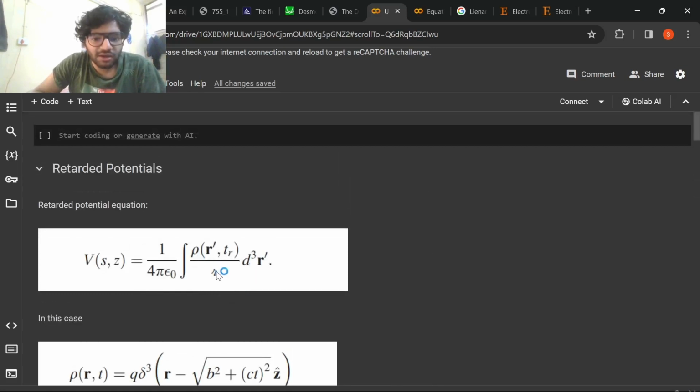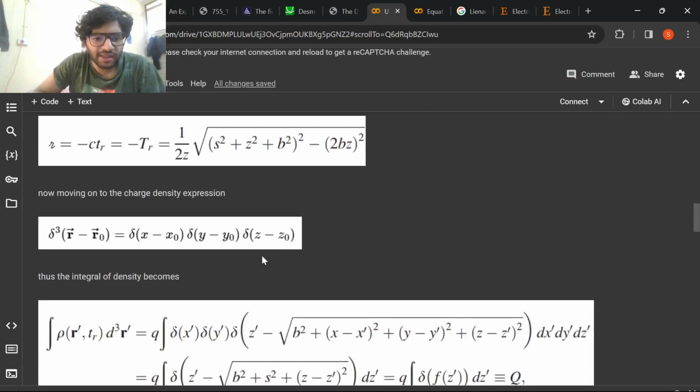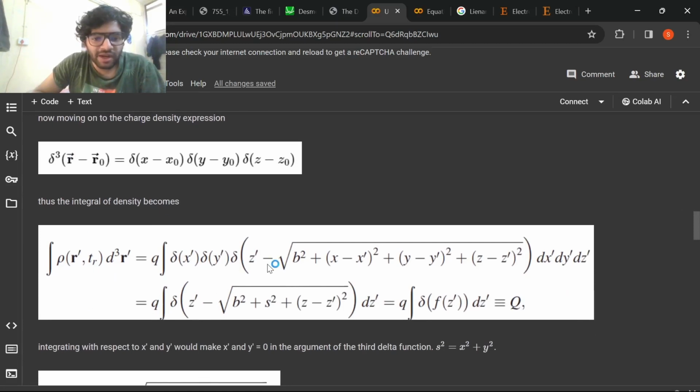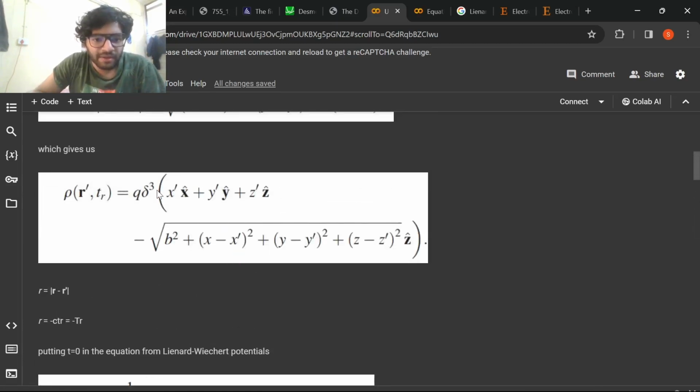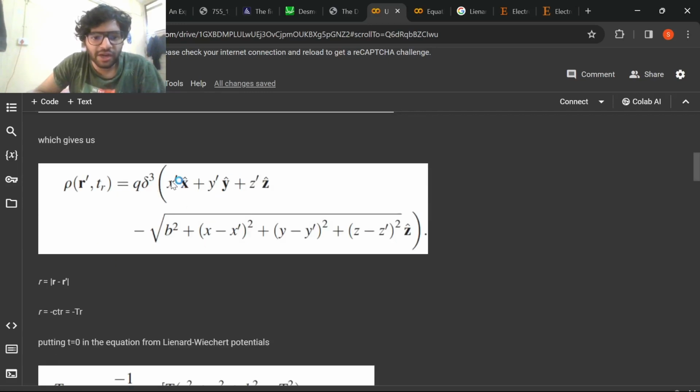So this comes out of the integral, and we only have to do the integral of this rho d3 r dash. Your del 3 r is equal to del x del y del z, so when we convert it, we get del x dash, del y dash, and del z dash minus root of b square.